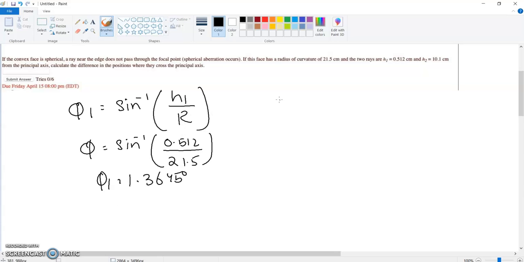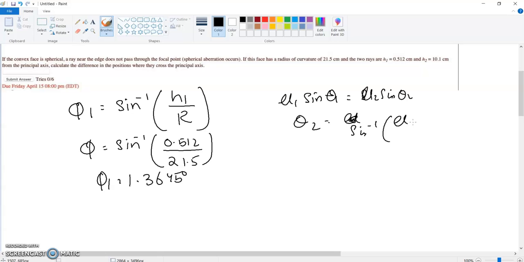So now I'm going to use Snell's law, which says that the first refractive index times sine of theta 1 should be equal to the refractive index of the second times sine of theta 2. So I'm going to figure out theta 2 here. The formula becomes theta 2 is sine inverse of mu 1 sine theta 1 over mu 2.